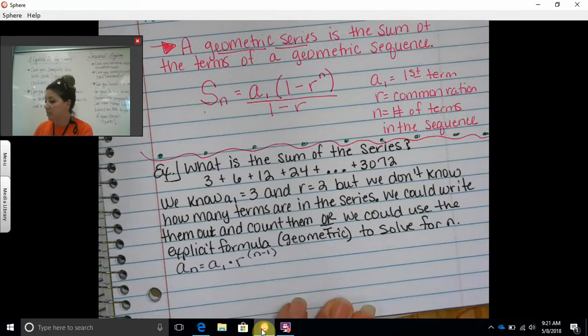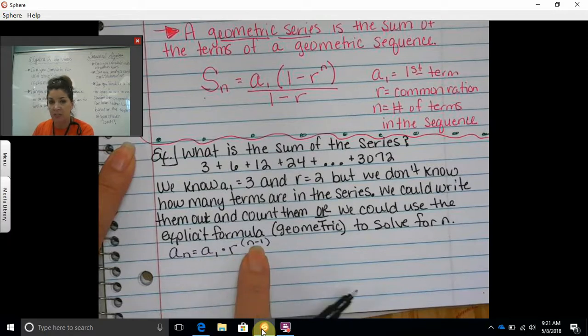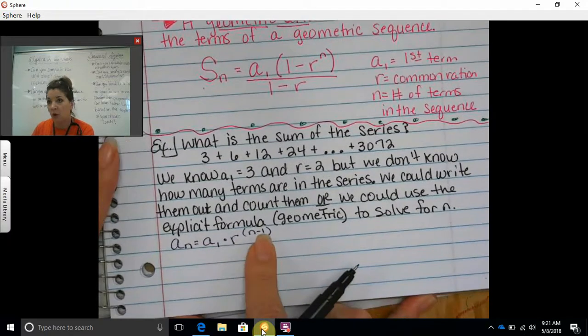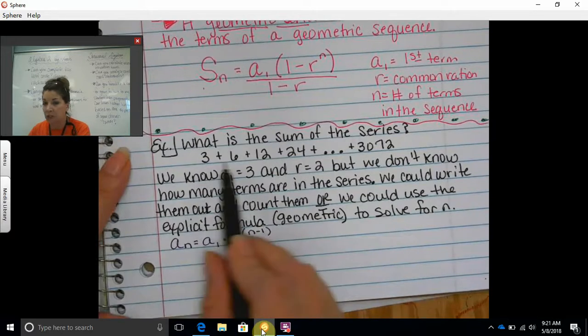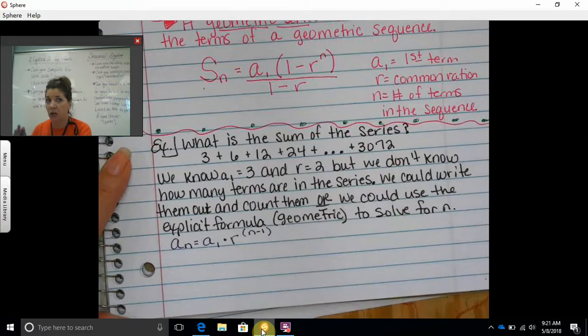So remember, in the explicit formula, a sub 1 is the first term. We know that. R is the common ratio. We know that. N is the term number you're looking for, or you can think of it as the term number you're referencing. Well, I want to know how many terms are in the sequence. I know what the last term is. I just don't know what term number that is.